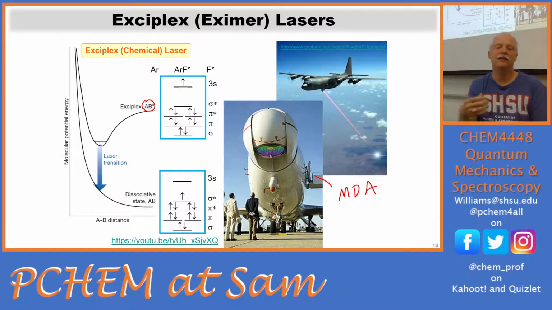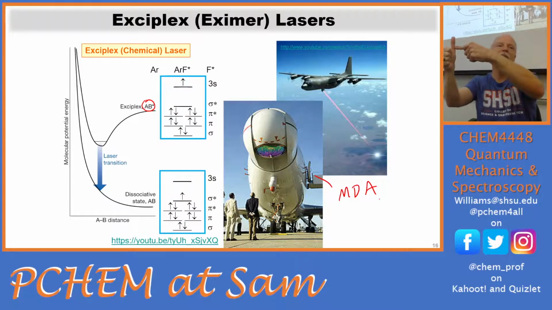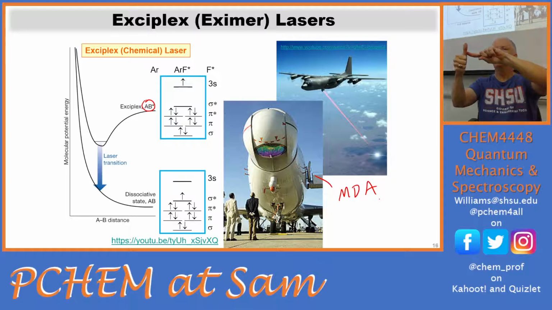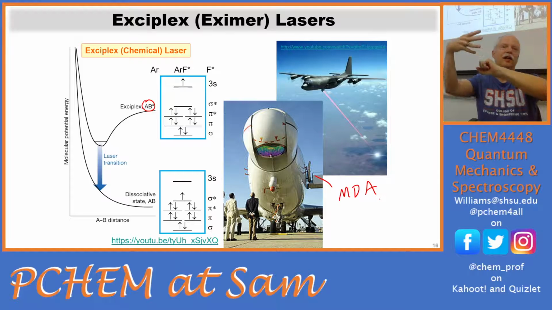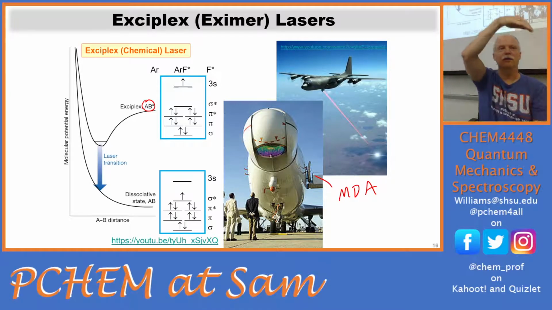So the idea for this weapon would be something like an intercontinental missile on the launch pad is being shot towards a place you don't want it to be shot towards, and then this shoots a laser beam into the side and burns through where the solid fuel is. And so then once it burns a hole in the metal, then the solid fuel catches on fire and destroys the missile in boost phase. It only works when you still have fuel on board. So it doesn't work in the apogee or in the re-entry phase.